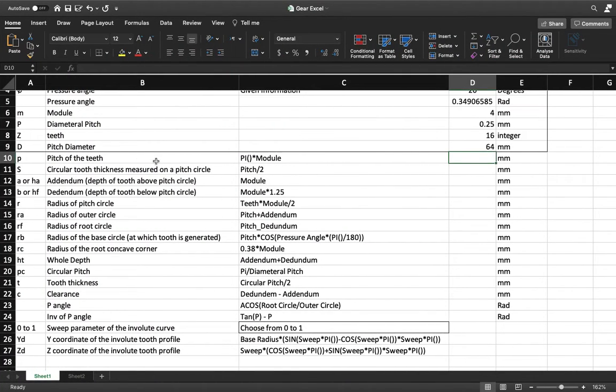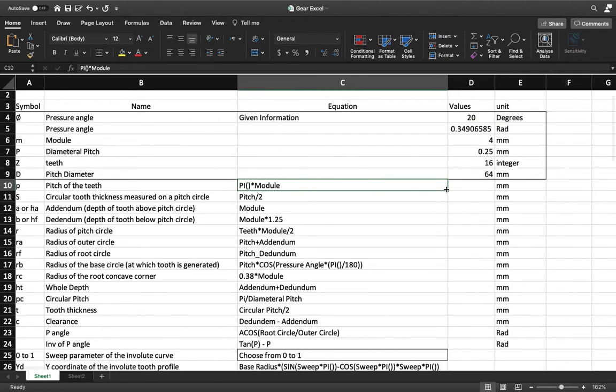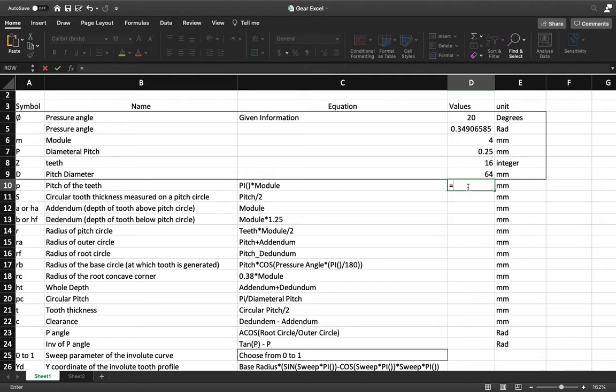So the pitch of the teeth is equal to pi multiplied by the module. Sorry, I was talking about the pitch circle before. Here we have the pitch of the teeth.